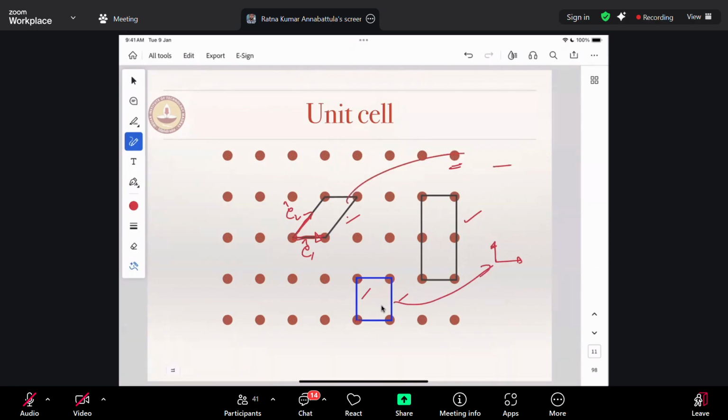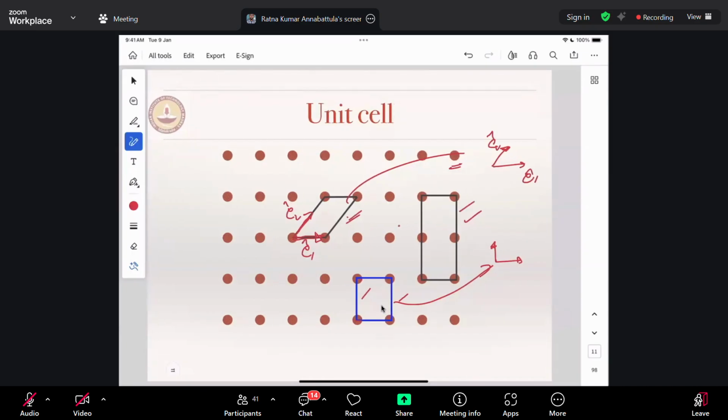For this one, E1 hat remained the same, but E2 hat is different. Now, if this is a valid unit cell, I should be able to translate it in the E1 hat direction and E2 hat direction and fill the entire space. And you will see that it will be possible to do so. And hence, this is also a valid unit cell. Similarly, this is also a valid unit cell.